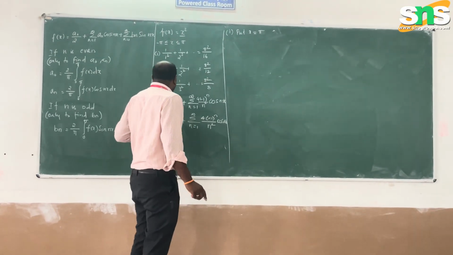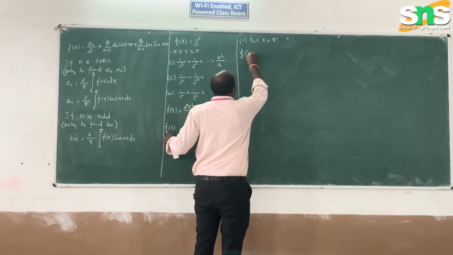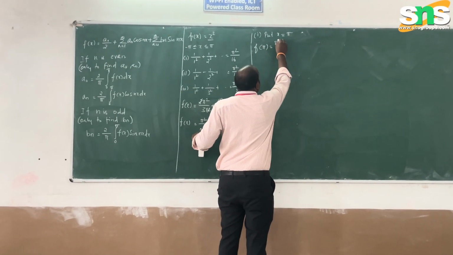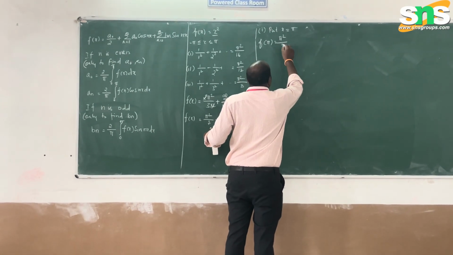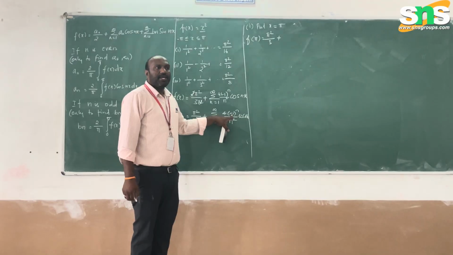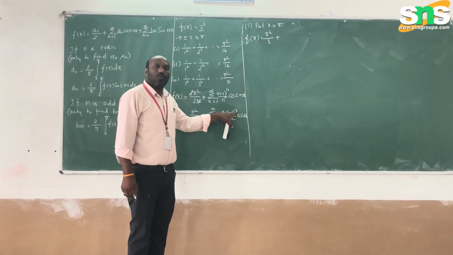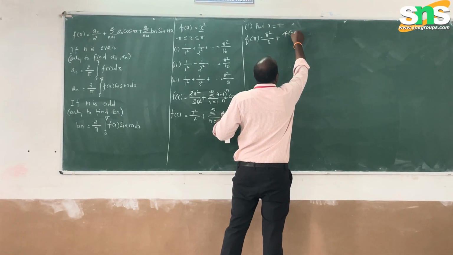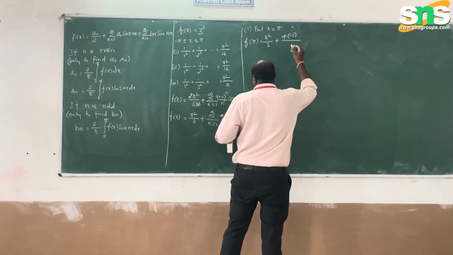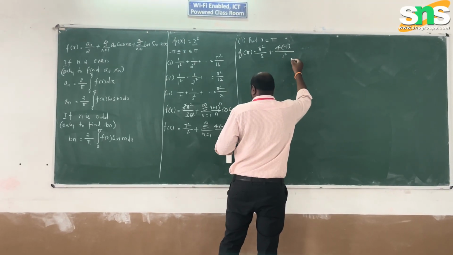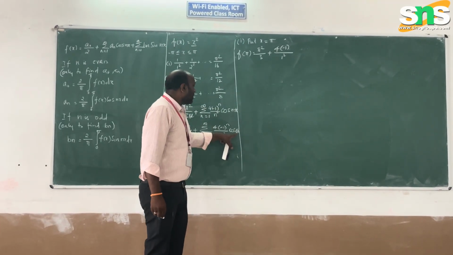So when we apply, f of pi is equal to pi square by 3 plus, see, first we have to apply the value of n equal to 1. So when we apply n equal to 1, 4 into (-1) divided by n square, that is 1 square, into cos n pi.